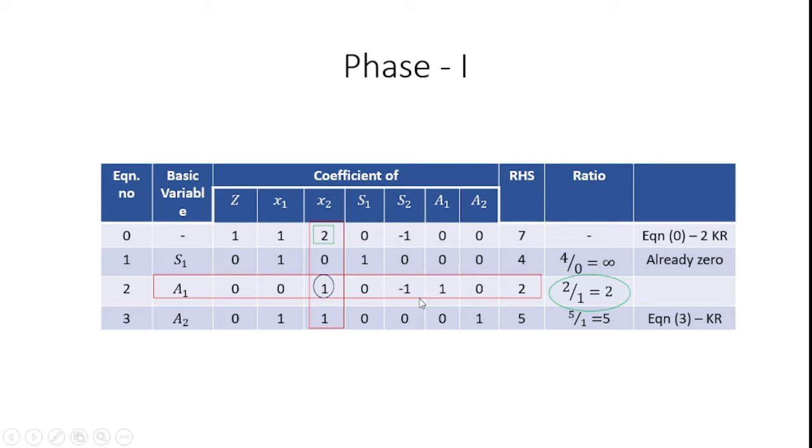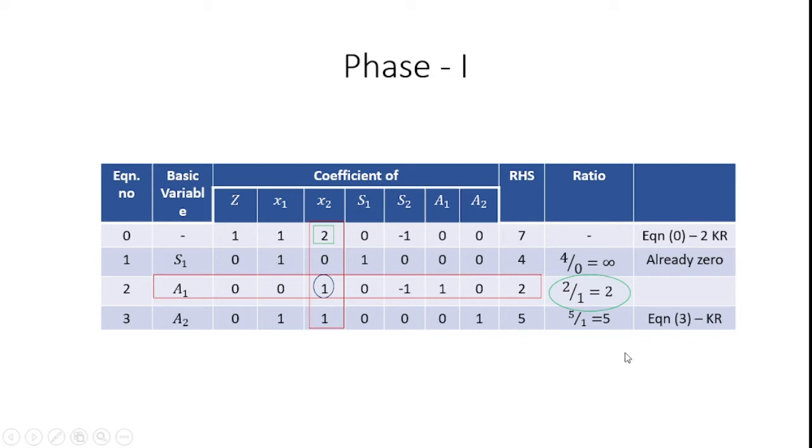In constraint equation 2, the right hand side value is 2 and the key column value is 1, so 2 divided by 1 is 2. In constraint equation 3, the right hand side value is 5 and the key column value is 1, so 5 divided by 1 is 5. So how can we identify the key row with these values?